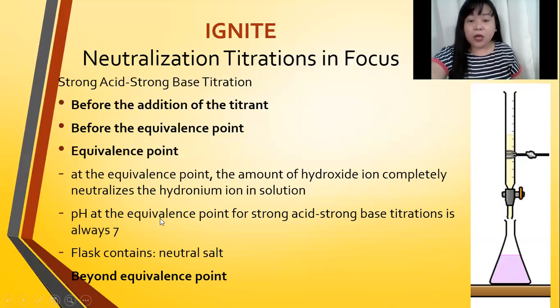So the pH at the equivalence point for a strong acid, strong base titration is always 7. That is because all of the acidic species here has completely reacted with the basic species coming from the titrant, and they have all been completely converted into a neutral salt.